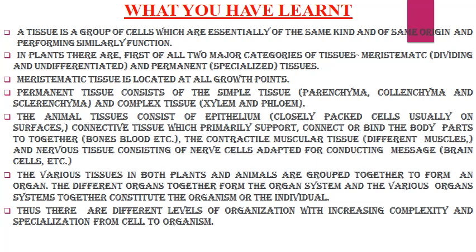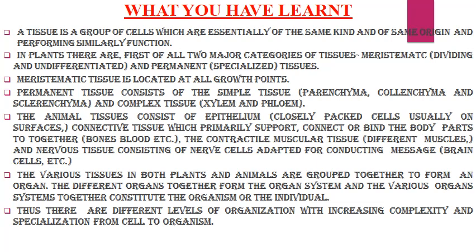The animal tissues consist of epithelium, connective tissues, which primarily support, connect or bind the body parts, the contractile muscle tissue, and the nervous tissue consisting of nerve cells adapted for conducting messages into brain cells, etc. Like the various tissues in both plants and animals are grouped together to form an organ.